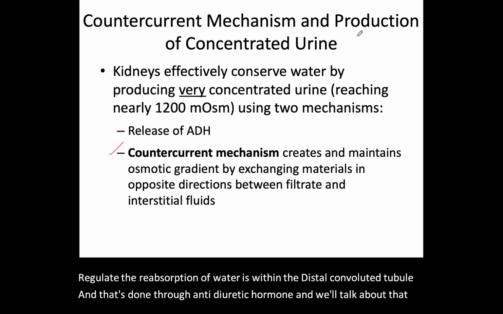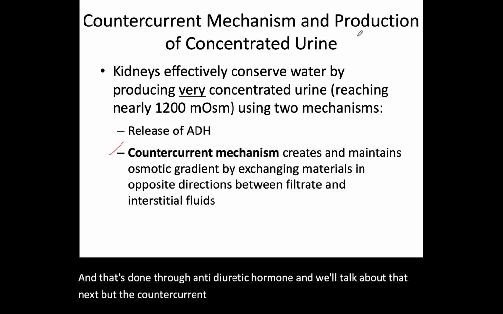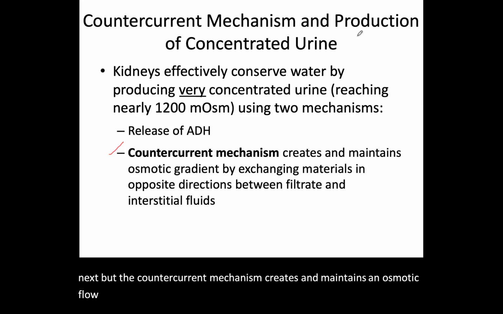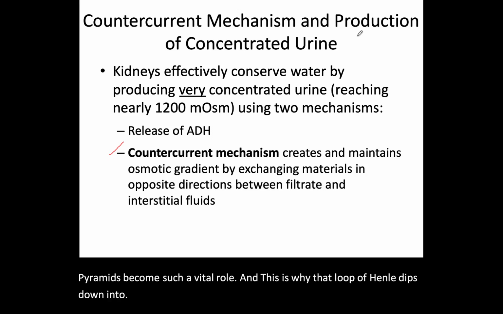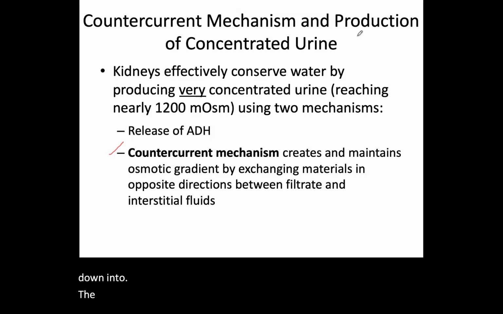But the countercurrent mechanism creates and maintains an osmotic flow by basically swapping salt for water. And this is where the medulla of the kidneys, the renal pyramids, become such a vital role. And this is why that loop of Henle dips down into the medulla. So let's go ahead and jump into this.